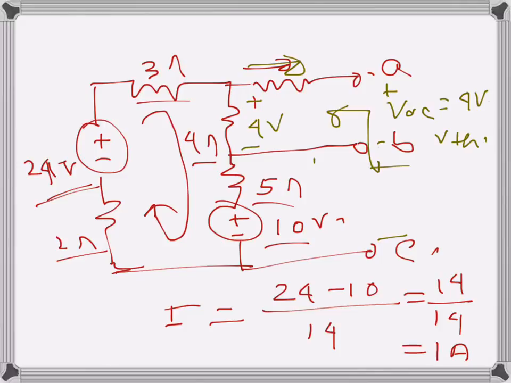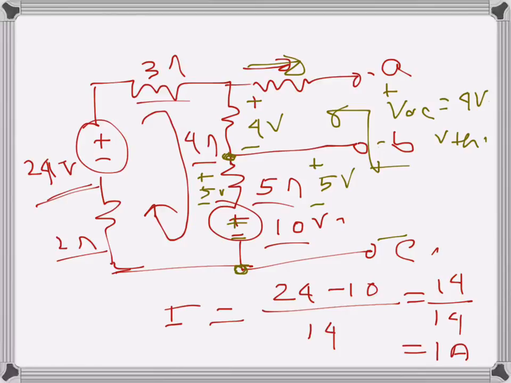Only the voltage drop across the 5 ohms resistance will now become 5 volts because the current is still 1. So that's 5 volts, and we are interested in the voltage across this terminal. So we have a drop of 5 volts here and a drop of 10 volts here.